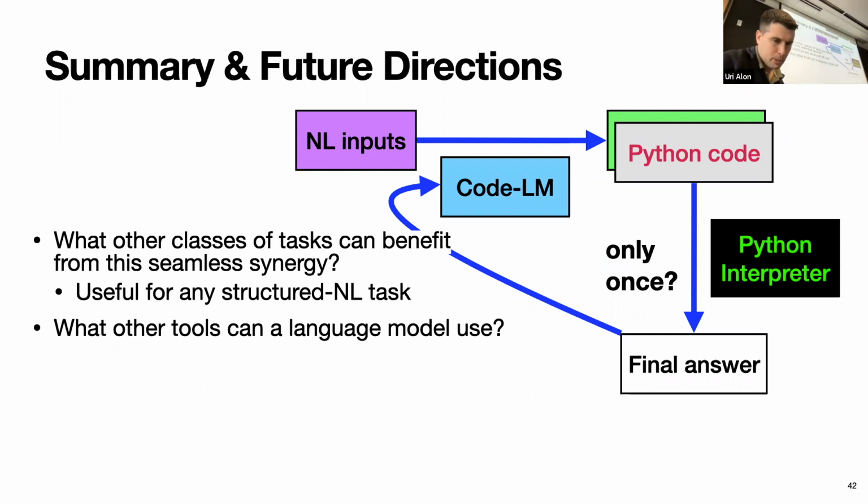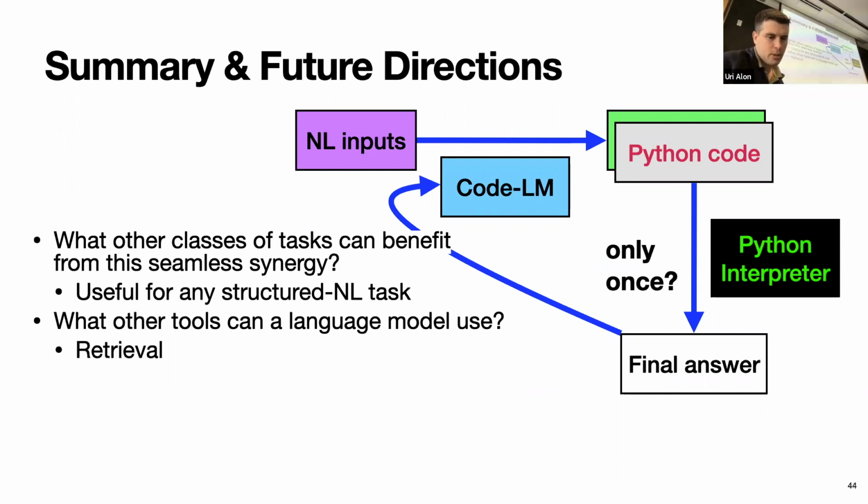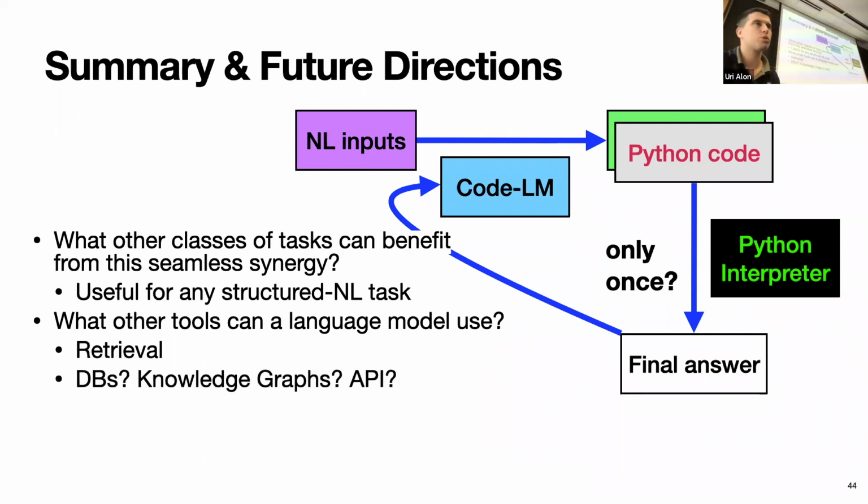I have a few examples, but I want to leave a few minutes for questions. So some of these tools can be retrieval from a database, a knowledge graph, or an API. Basically, all the OpenAI models are currently available as APIs that we can query and get the result. So if we think about a model as an API, we can think about a model that calls another model as a tool.